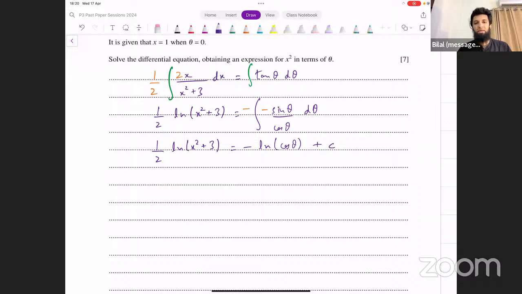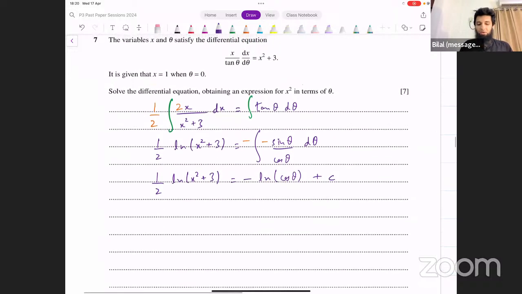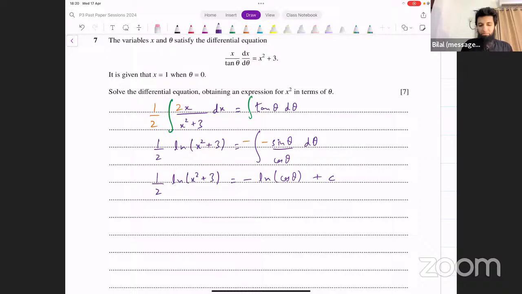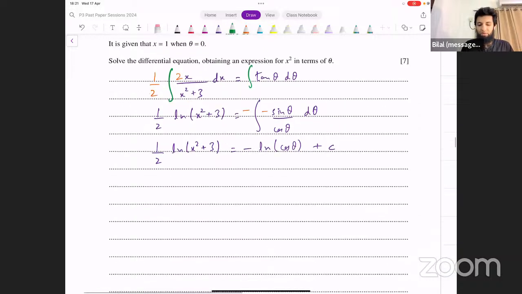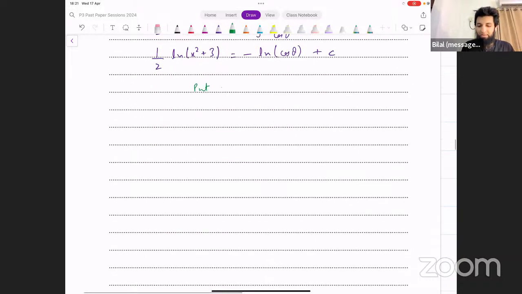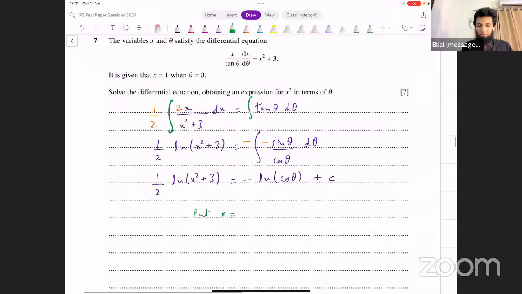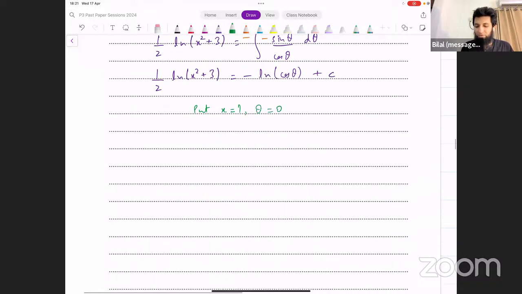On both sides, we use the ln rule. Now, we have to find the value of c here. How do you find the value of c? You have to put these values of x and theta to find the value of c. Let's put those values here. You put x equal to 1 and theta equal to 0, and see what that gives you. 1 over 2 into ln of 1 squared plus 3 equals minus ln of cos of 0 plus c.